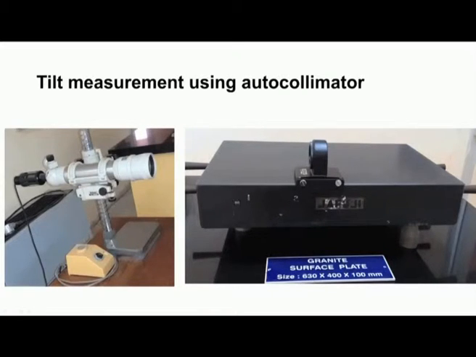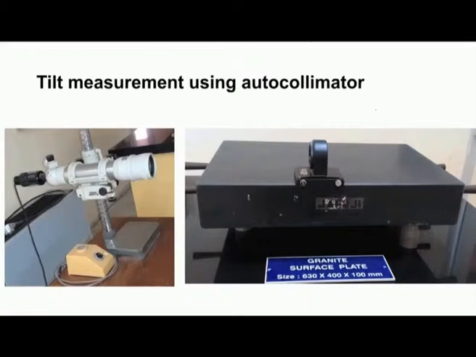Now, let us see how we can use this autocollimator for tilt measurement. So, we have a surface plate on which we have kept a mirror, a reflecting mirror.